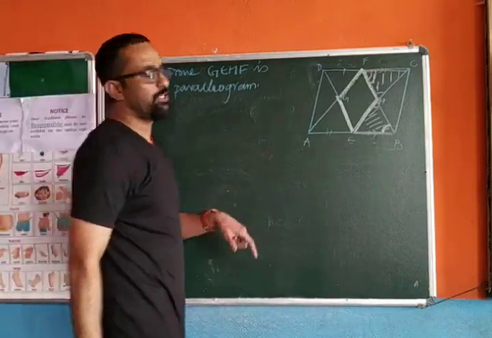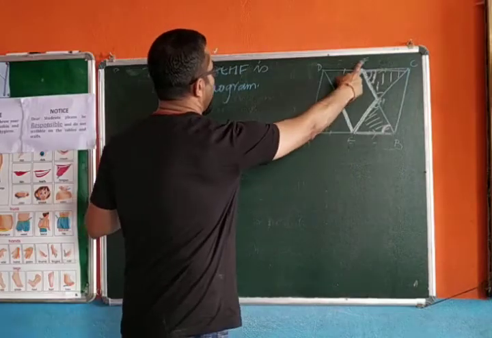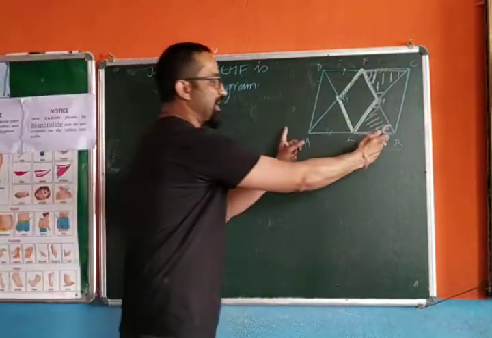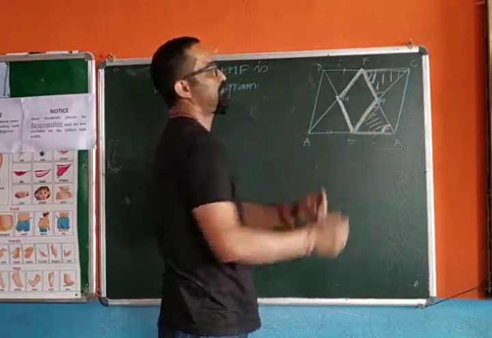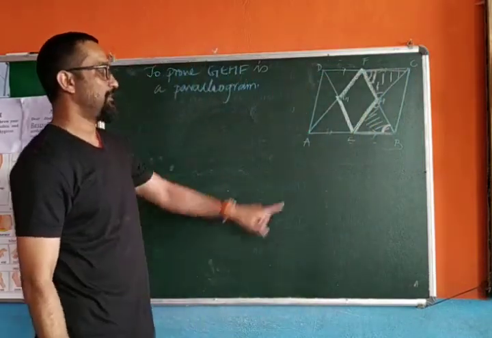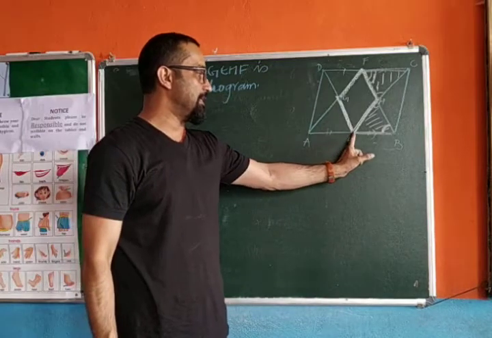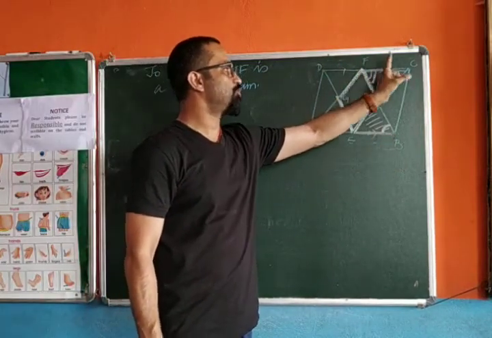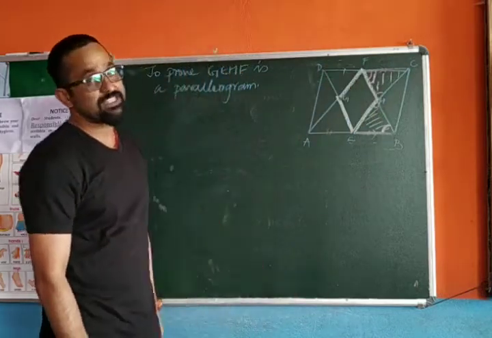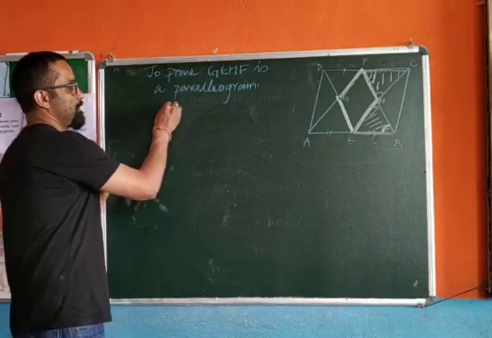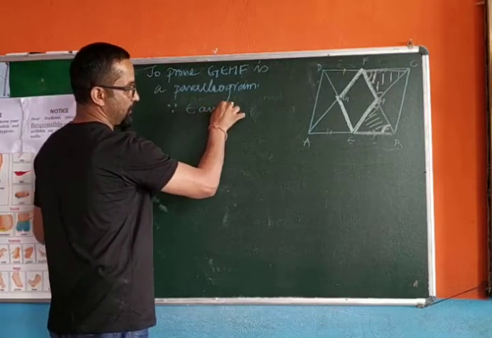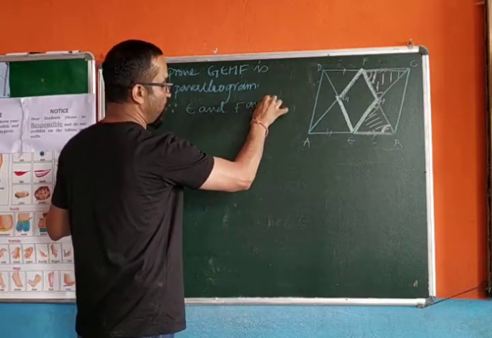We have already done that E and F are midpoints of AB and DC. Therefore, AE is equal to EB, DF is equal to FC.